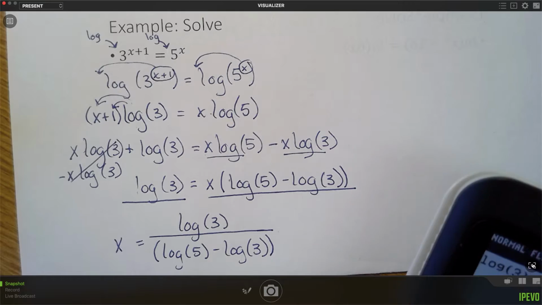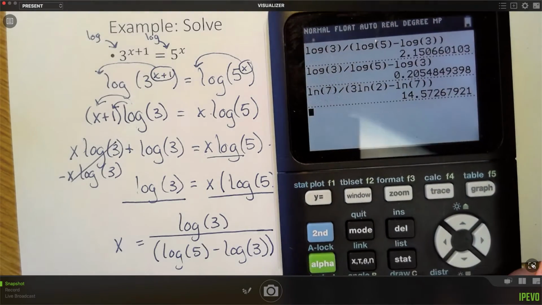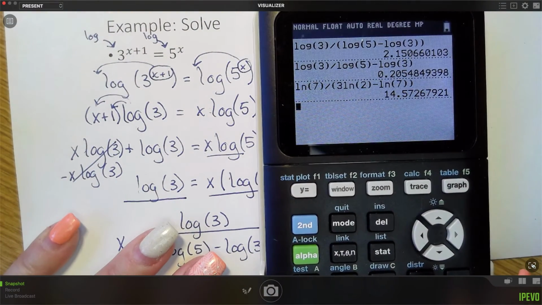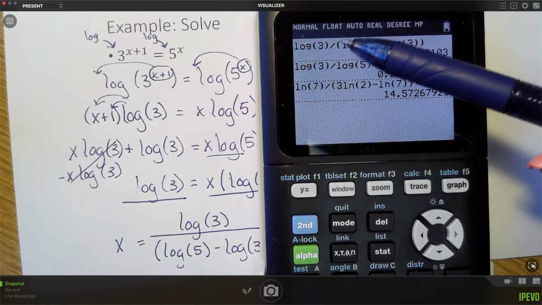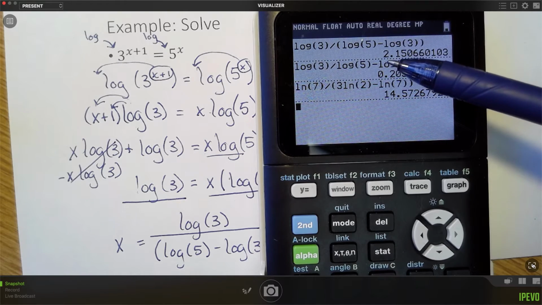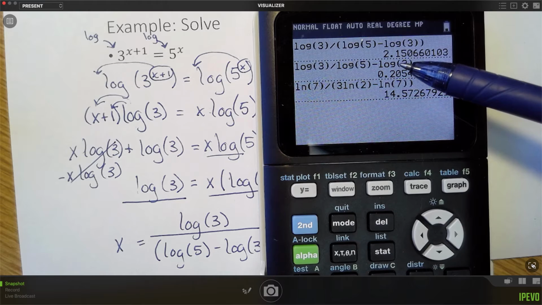Put the parentheses. Okay, when I put that in my calculator, it is approximately, and the top one is the right answer. I want to show you without the parentheses. So when I put it, I have log of 3 divided by parenthesis log of 5 minus log of 3. It's approximately 2.15. That's the answer. Look what happens if I don't put the parentheses.